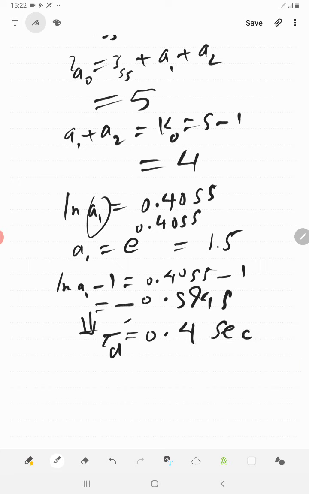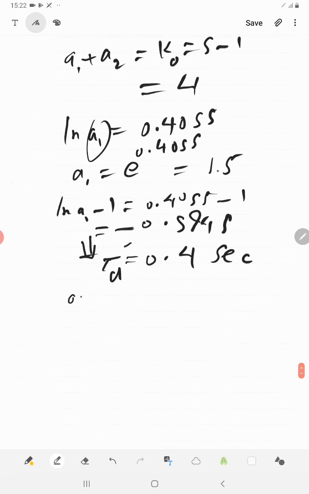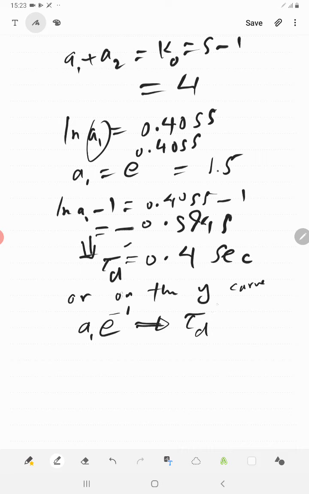You can do it this way, or on the Y curve, what is A1 e to the minus 1, which will give you the transient time constant equal to 0.4 second. You can do it both ways.